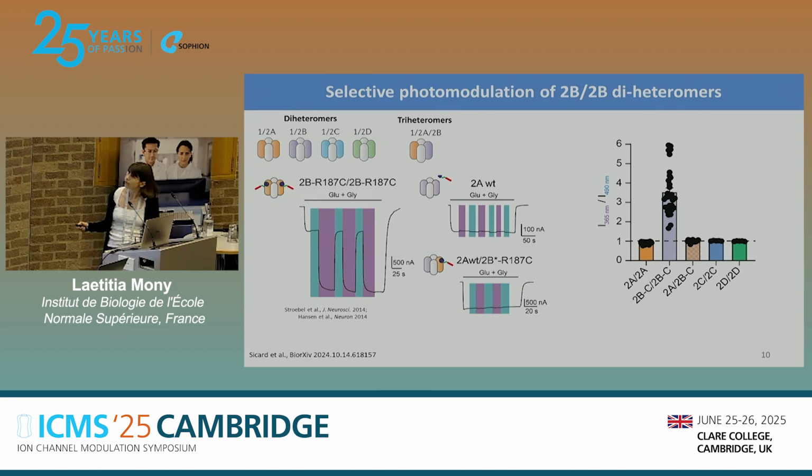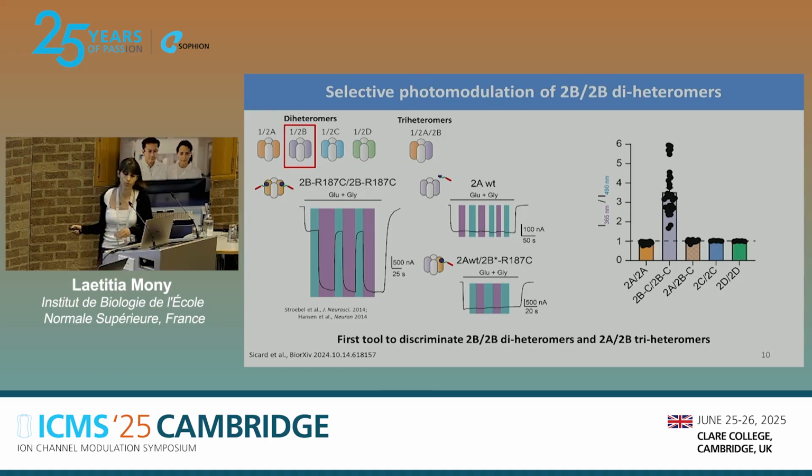So this tool is exclusively selective for one single subtype, which are 2B2B diheteromers, so receptors that contain two GluN2B subunits, and this is actually the first tool that can discriminate between these 2B2B diheteromers and the triheteromers.